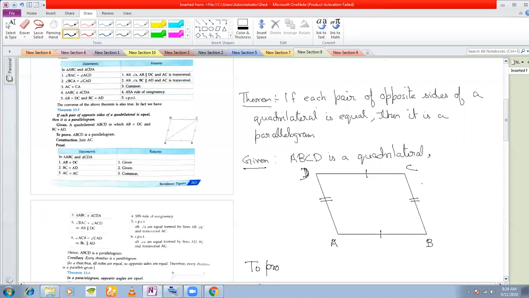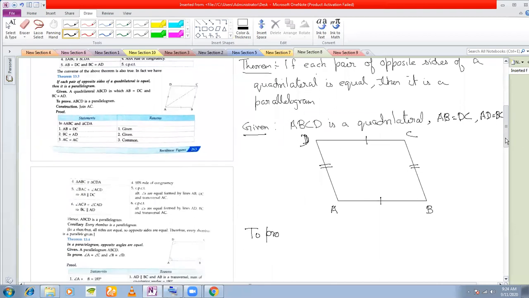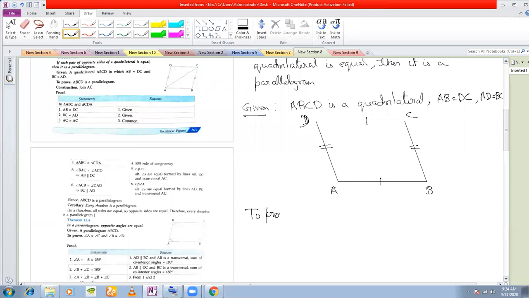These two are equal. So AB is equal to DC and AD is equal to BC. To prove: ABCD is a parallelogram.